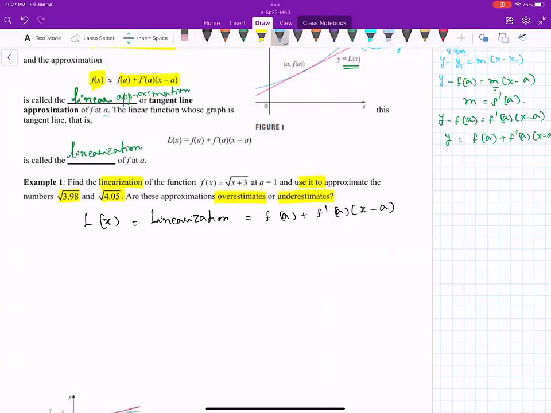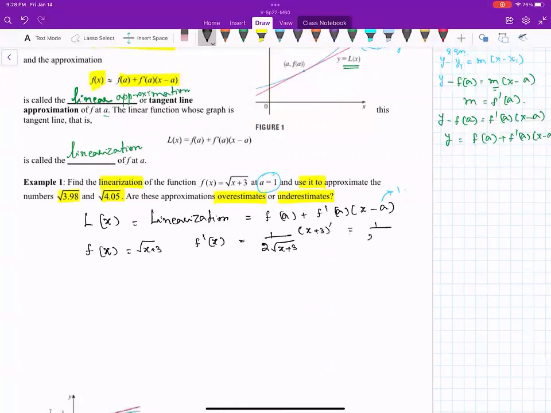What is a in this problem? a = 1. f(x) is given to be square root of (x + 3). So f'(x), the derivative, is 1 over 2 square root of (x + 3) times the derivative of x + 3, which is 1.